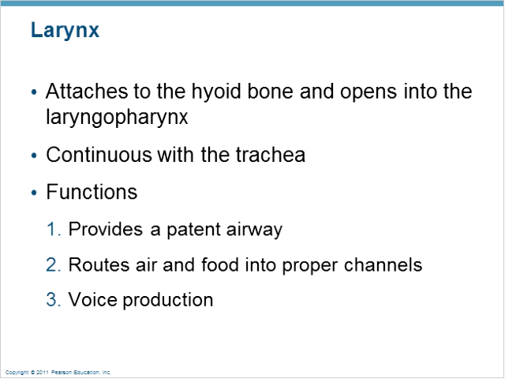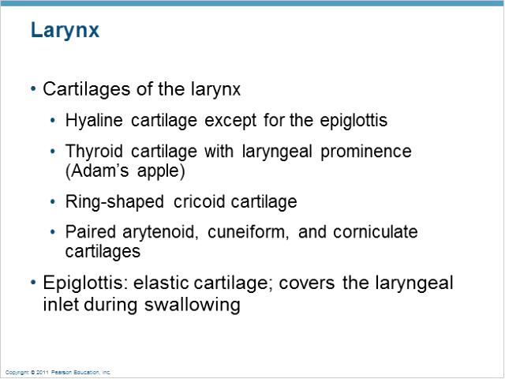The larynx attaches to the hyoid bone, that free-floating bone in the anterior aspect of the neck, and opens to the laryngeal pharynx. It's continuous with the trachea, and it functions by providing a patent airway. It routes food and air to the proper channels. It's a place where they go in different directions. It's also where the vocal cords are located, so vocal production occurs here.